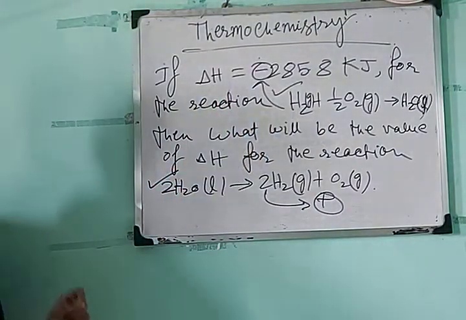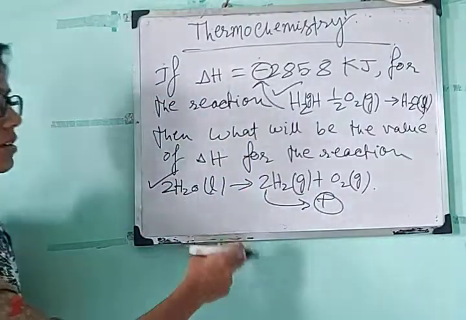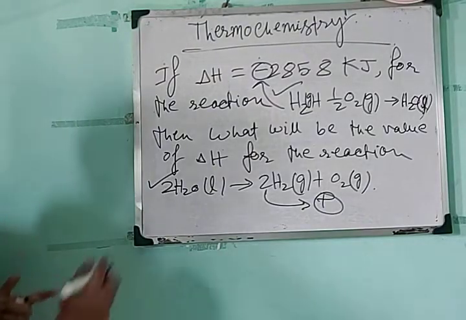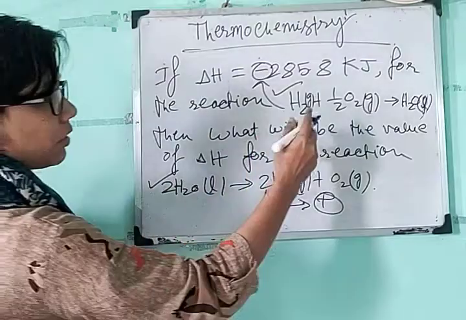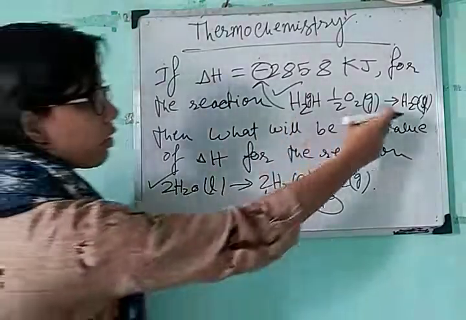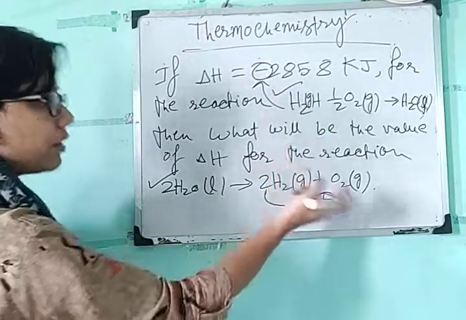So if for any reaction the enthalpy value is negative, then for its reverse reaction the enthalpy value will be positive. And what will be that value? Now you can see that if you just multiply this equation with 2, here 2H2O is given, here only 1H2O is given. So just multiply this equation with 2 and then reverse it.